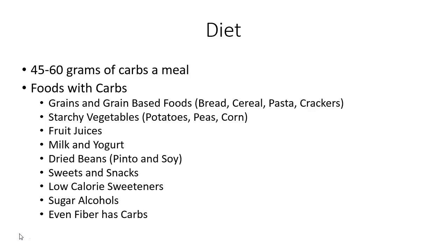I grew up in an Italian home where pasta was like a staple food every night. But as a diabetic, you have to kind of watch, well, I ate that cup of pasta, I may just have hit all my grams and now you can't have anything left. And this is a pretty big list, so it really cuts down on what you can consume, especially when trying to watch your blood sugars. So definitely keep that in mind.